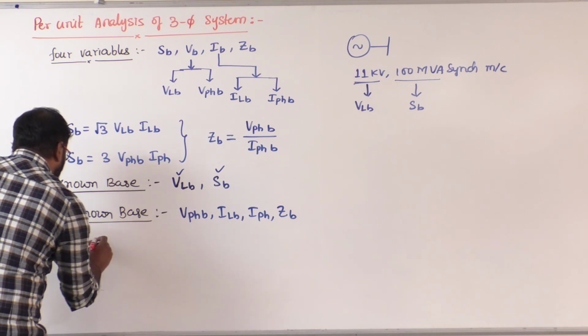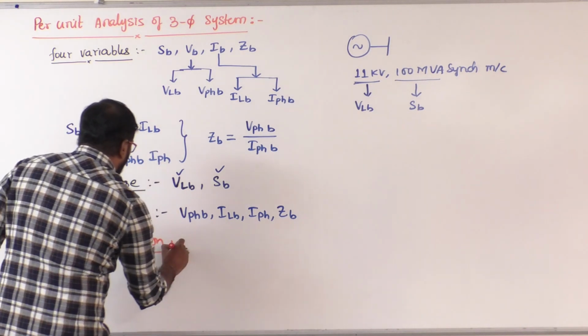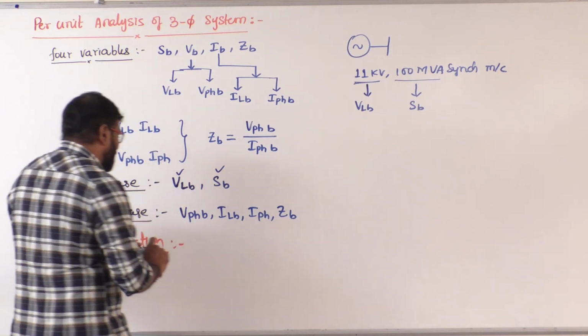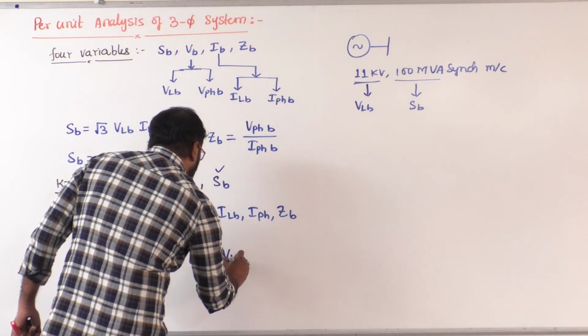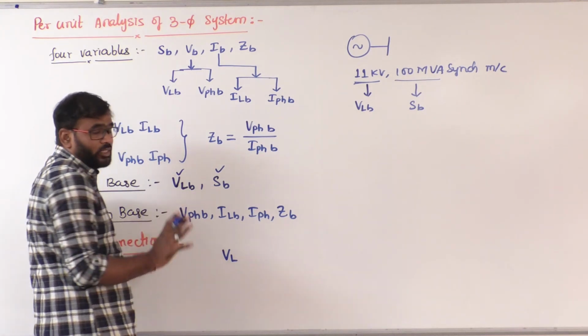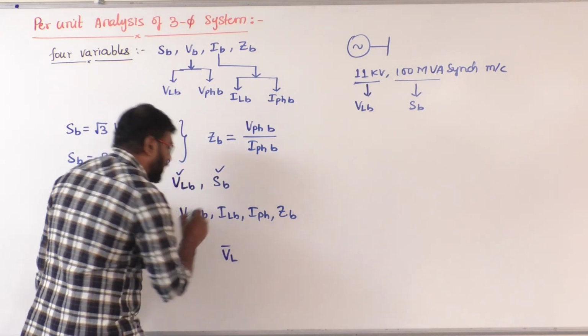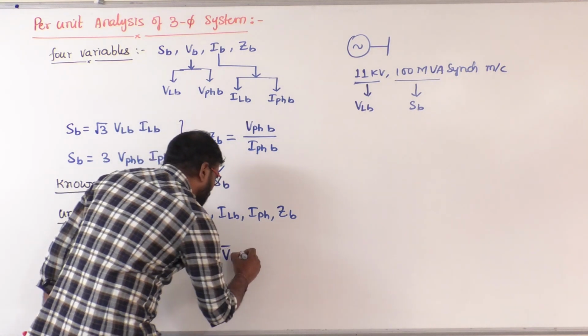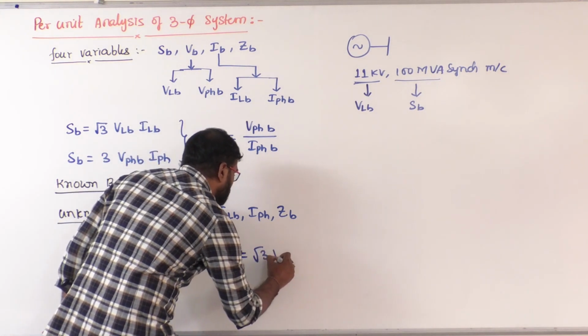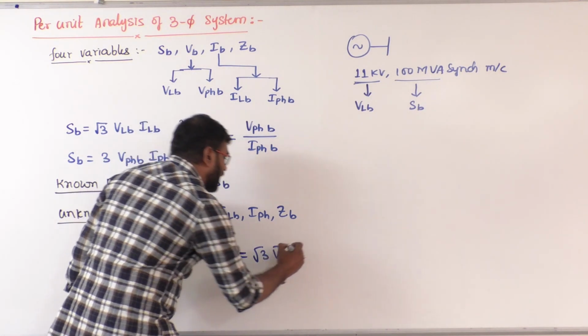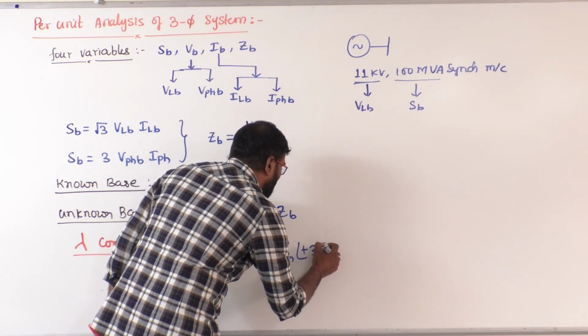Suppose it is a star connected system. Sir, we know the fundamental. In case of star connection, for the actual line voltage, I am not talking about the base quantities, actual things I will talk about. First, the actual line voltage is a phasor. Line voltage phasor is √3 times the phase voltage phasor at an angle plus 30 degrees. What you can understand here?